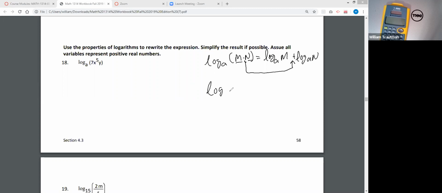It says log A of M to the R changes to R log A M. In other words, if you have a power, you can bring it down in front of the log. That R was here, now it's out in front.